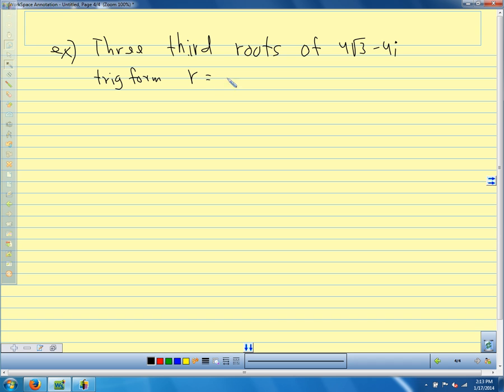My r is going to be the square root of 4 square root 3 squared plus negative 4 squared. So I get the square root of 16 times 3 plus 16. 16 times 3 plus 16 is 64, so we take the square root of 64 and we get 8. So r equals 8.